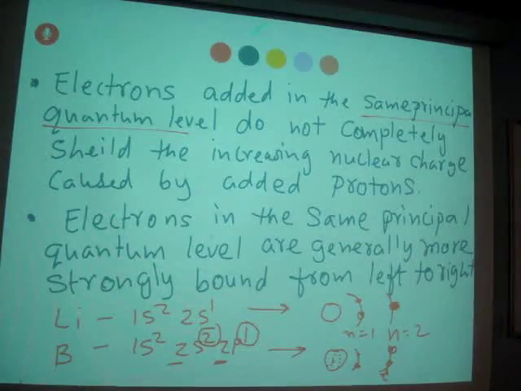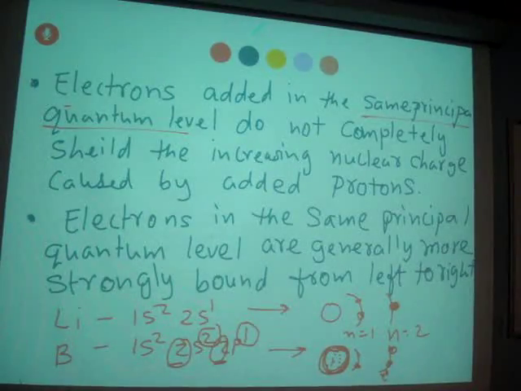So electrons are added into the same principal level and are strongly bound. Protons are added, so that's how you get more pull on them, and that's why you have more ionization energy.